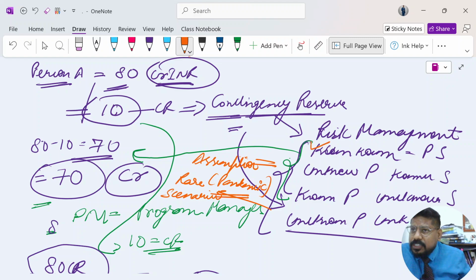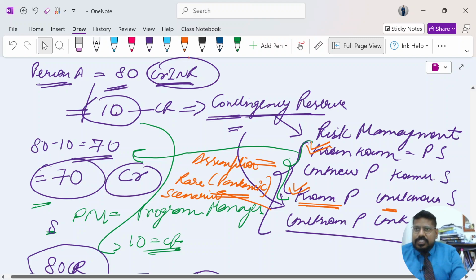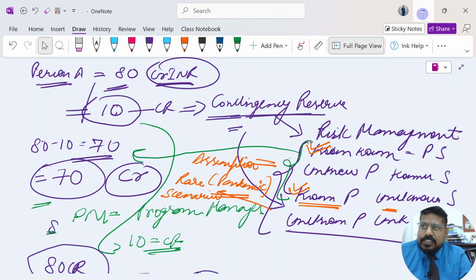However, your basic job is known problem, known solution. That's what your job is as a project manager. Known problem and unknown solution, that is also your job. If you got to know the problem, please find the solution and implement. So this is what contingency reserve and management reserve is about.